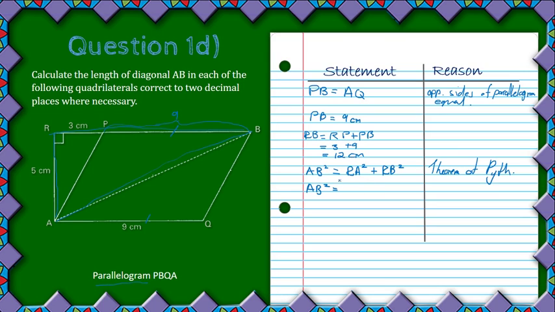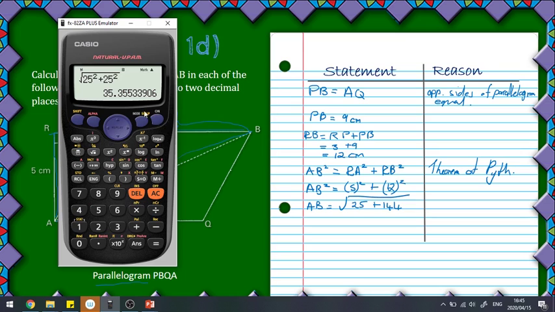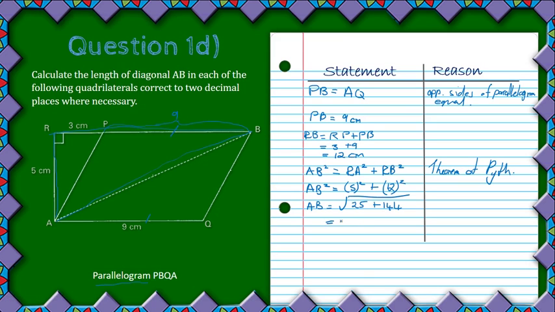So RA is 5 squared plus 12 squared. AB is therefore equal to the square root of 25 plus 144. That gives us 13 centimeters.